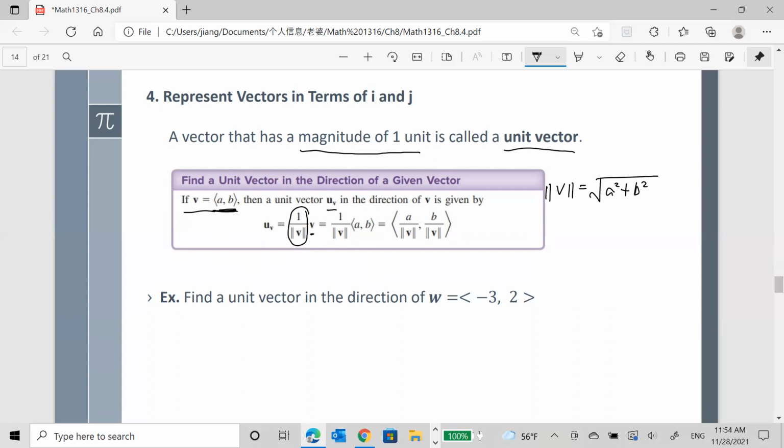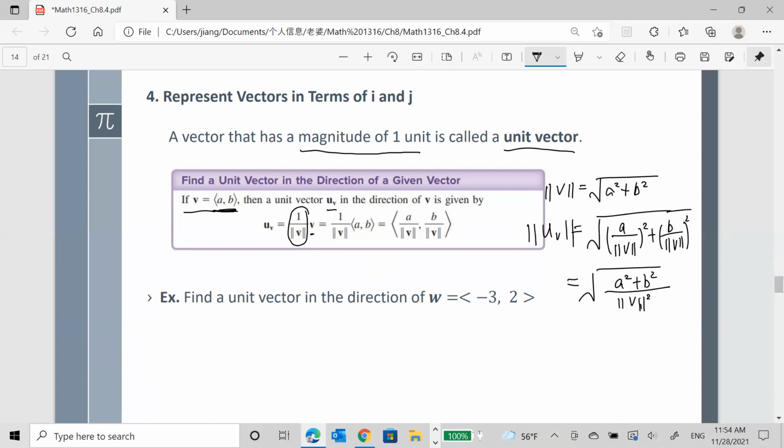So to find the unit vector's magnitude, U sub V equals square root of a over magnitude of V squared plus b over magnitude of V squared. This one equals a squared plus b squared over the magnitude of V squared.